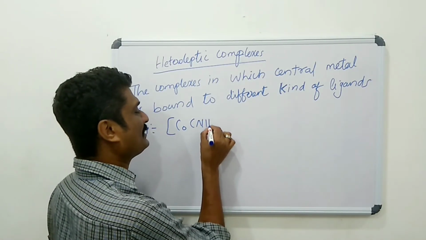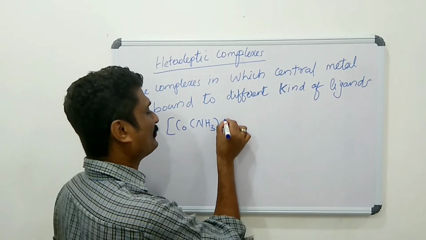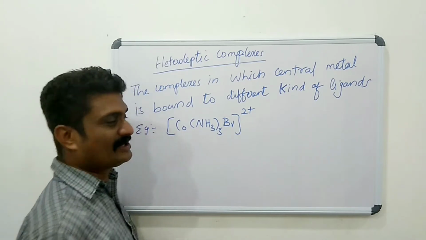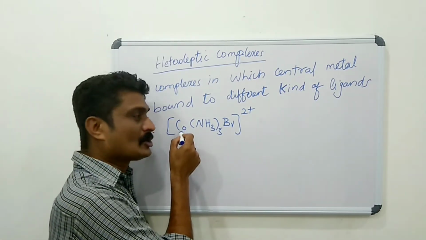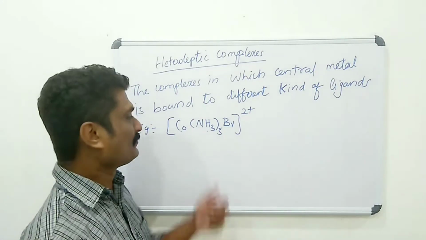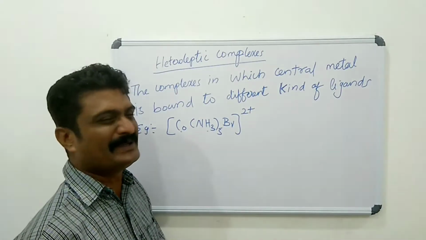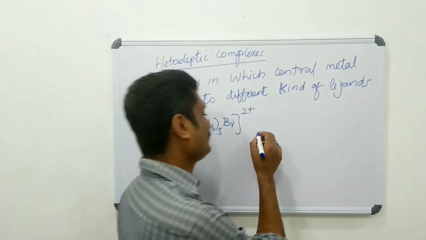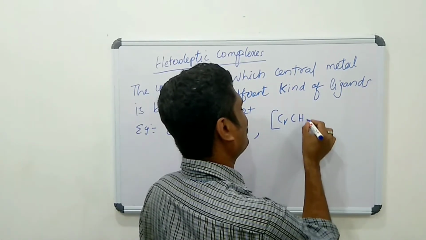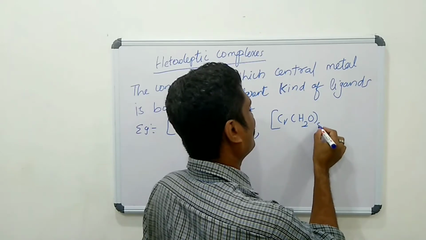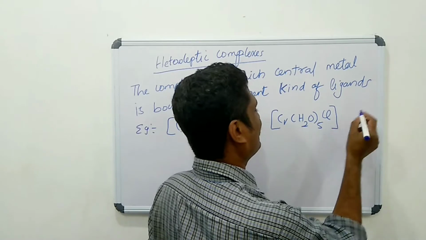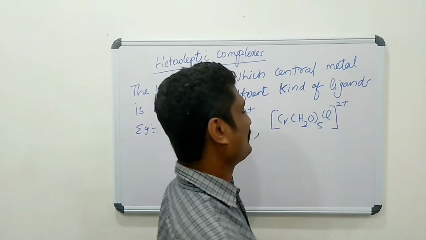[Co(NH3)5Br]2+. Here the central metal cobalt is bound to different types of ligands, that is NH3 and Br-. Then the second example, [Cr(H2O)5Cl]2+.